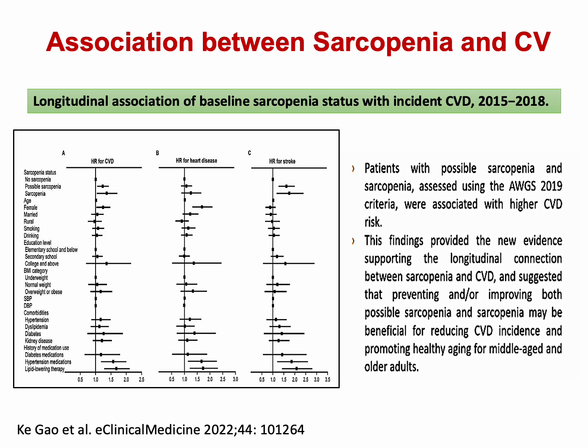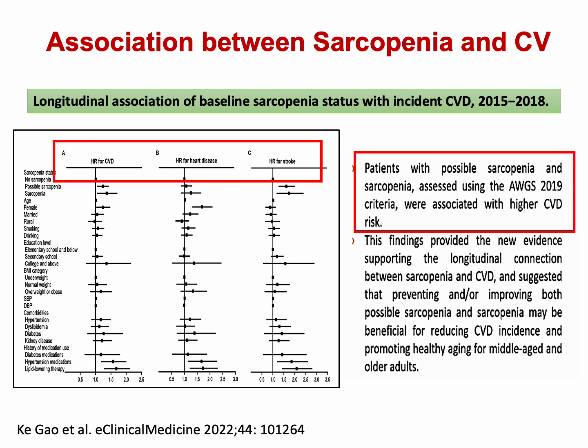This is a study looking at the association between sarcopenia and cardiovascular disease among middle-aged and older adults, findings from the China Health and Retirement Longitudinal Study. Patients with sarcopenia assessed using the Asian Working Group for Sarcopenia 2019 criteria were associated with higher CVD risk, in terms of hazard ratio for CVD, heart disease, as well as stroke.